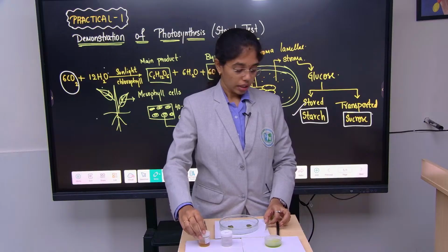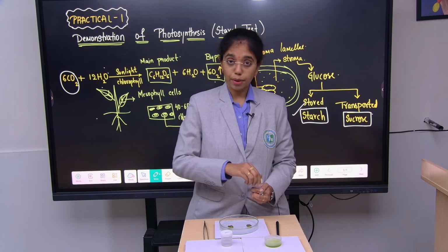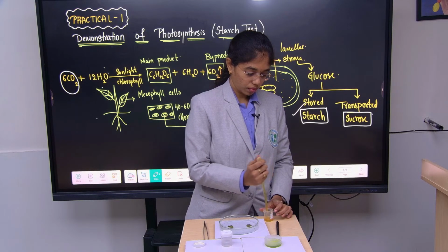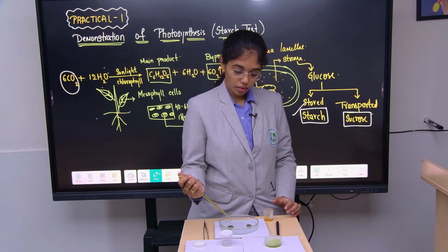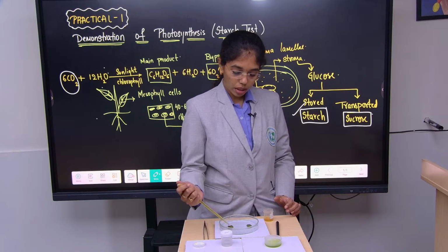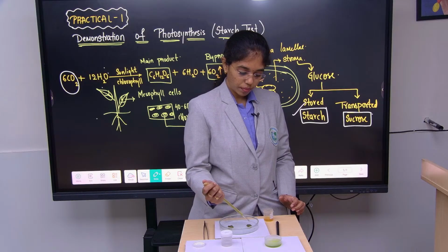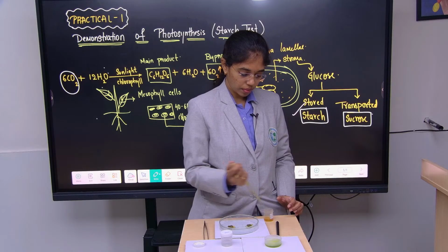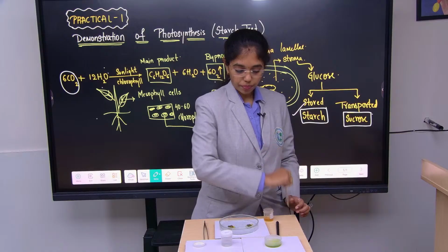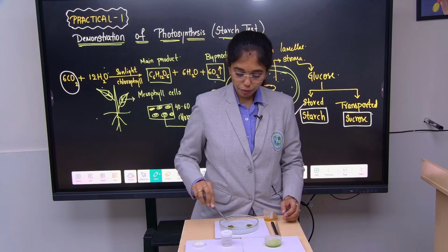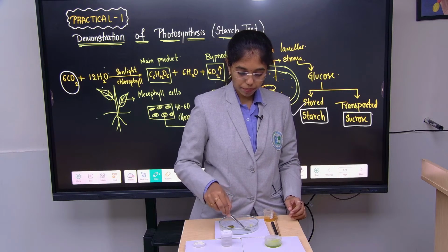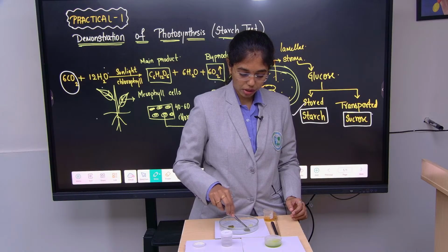From the dropper, carefully take the iodine solution, and put just a few drops of iodine over the 2 leaves. Here we are going to perform both the positive test and the negative test of starch.